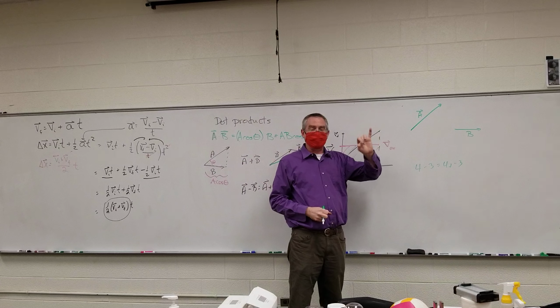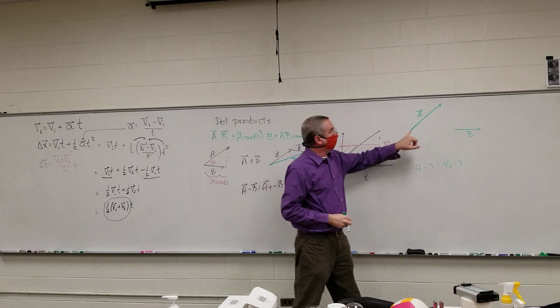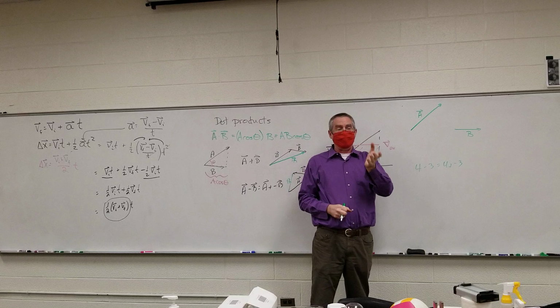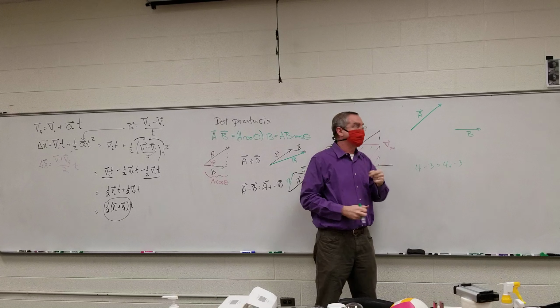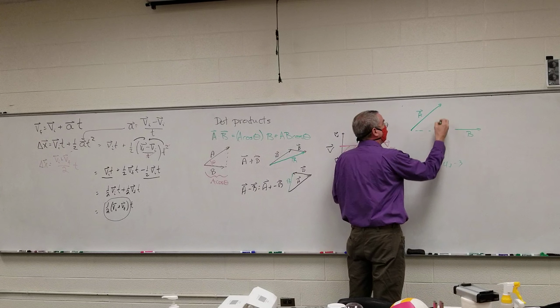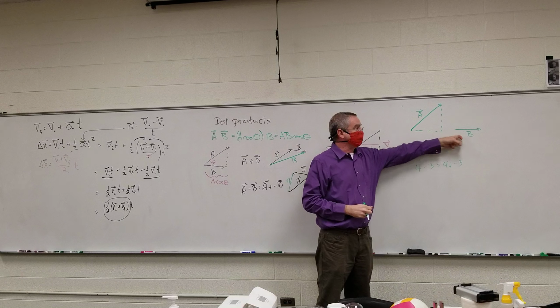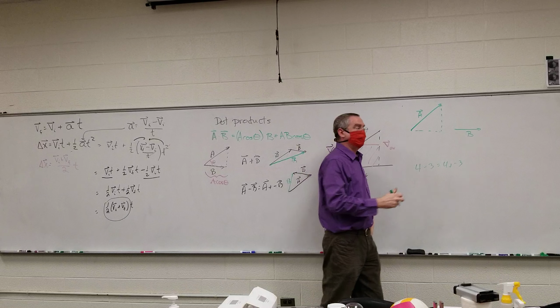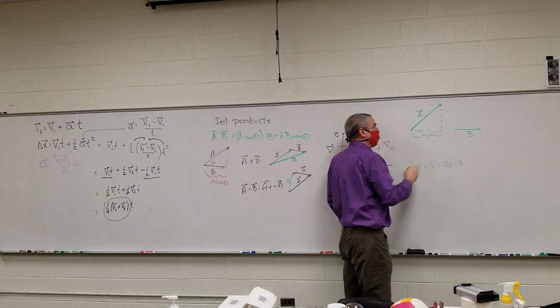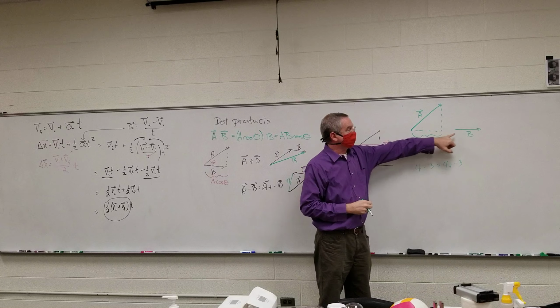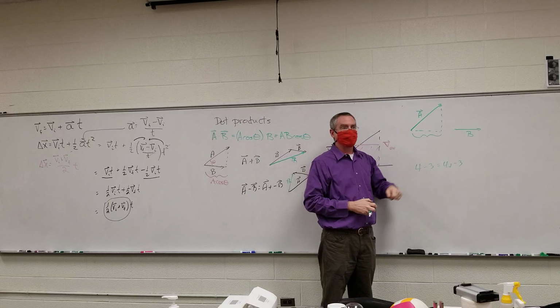When I'm doing a dot product, I need to multiply the parts that are parallel. I break A up into perpendicular components. In other words, I'm creating a right triangle where one of the sides is parallel to B. When you do a dot product, I'm going to multiply that length times whatever that length is.